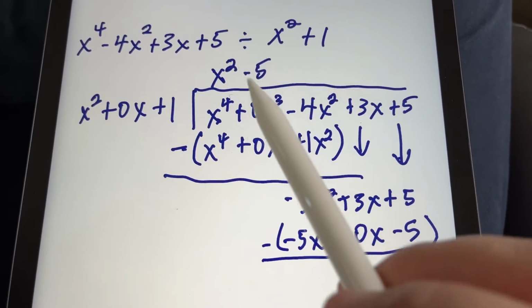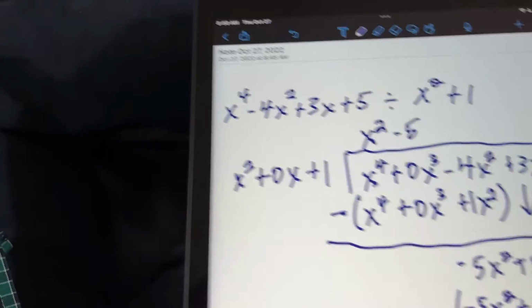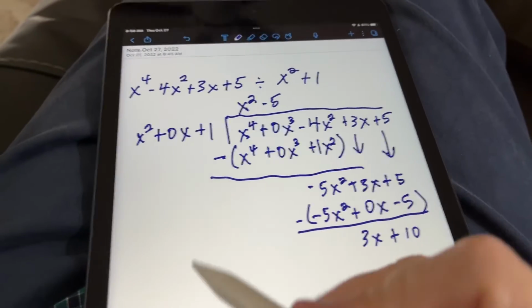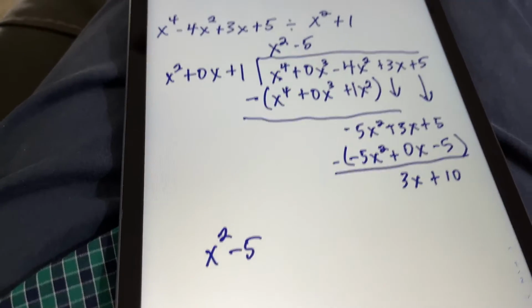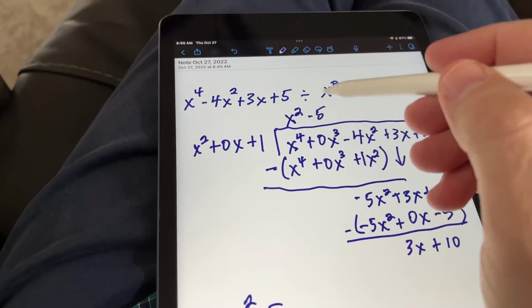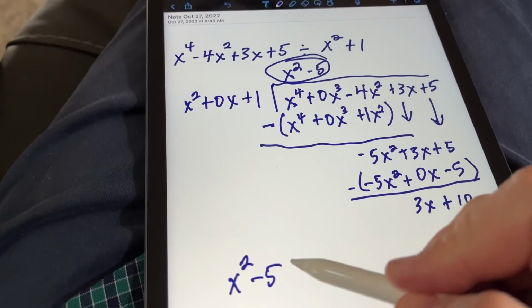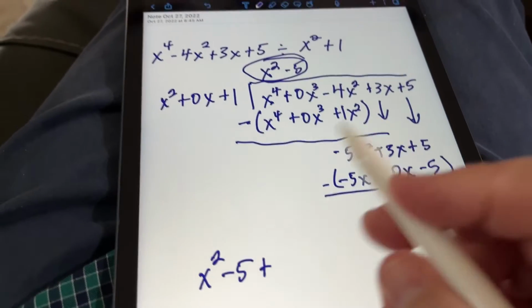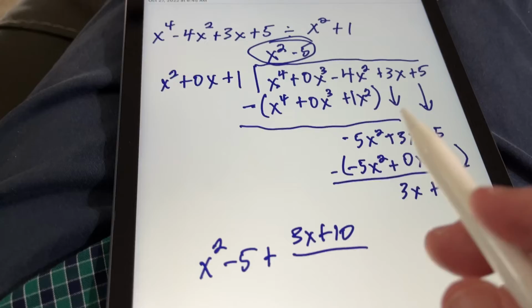So my final answer is going to be this as a quotient. And then let me show you how we write that answer normally. So normally we write that answer like this: x squared minus 5. So there's that part, and that's because of this quotient up here. And then we say plus, and we use this remainder, 3x plus 10, and we write it as a fraction.